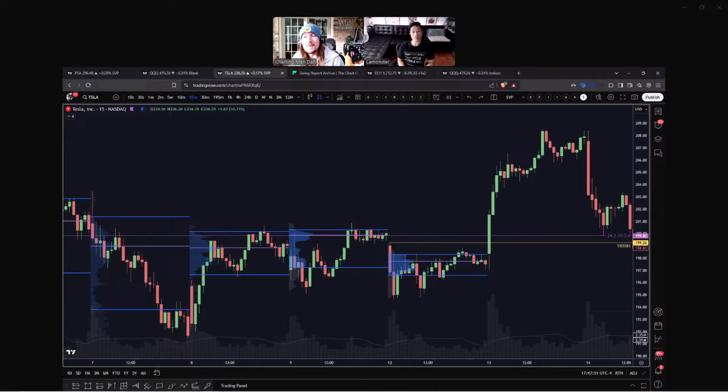And for me personally, fully admitting to everybody, I don't even pull up the volume on the right side there. The way that I utilize this is, because I've adapted my style that has worked for me, and I don't want to massively change my style. I want to incorporate little bits of other styles and essentially just try and improve on things. I will just mark my support and resistance levels where I know there's the most volume.